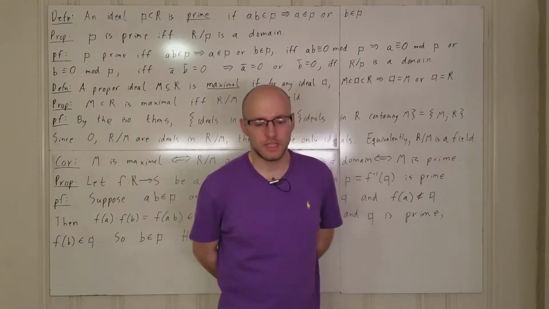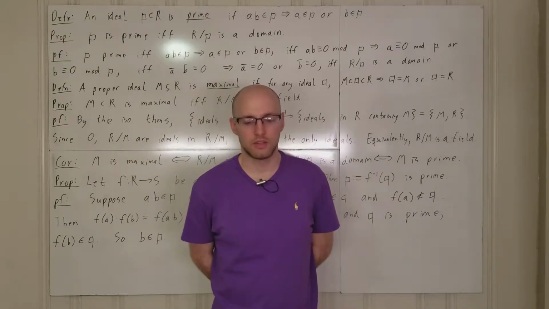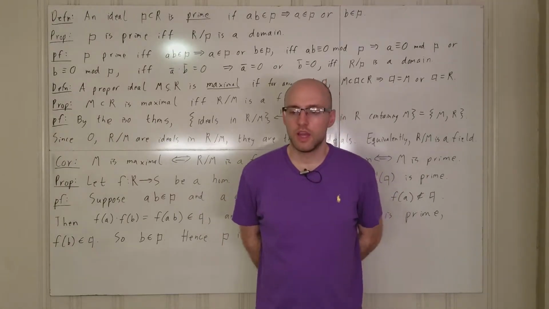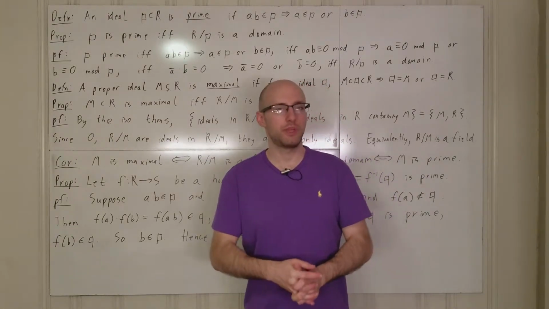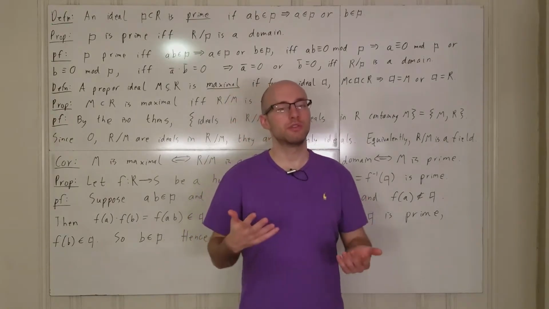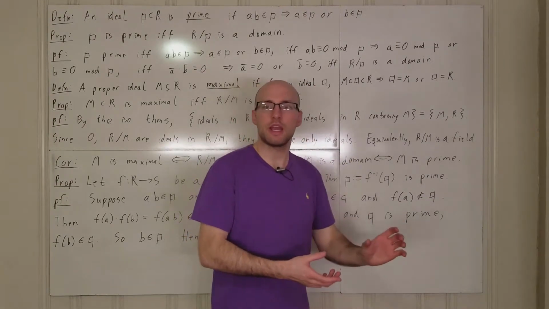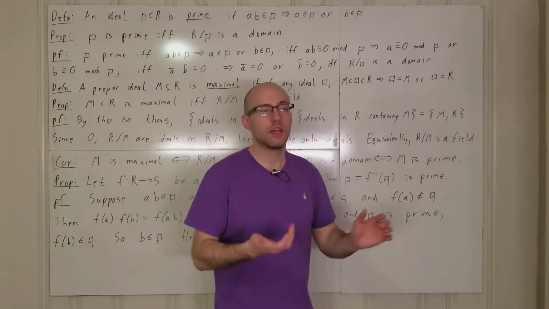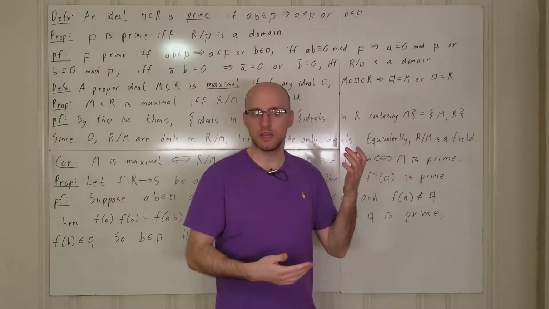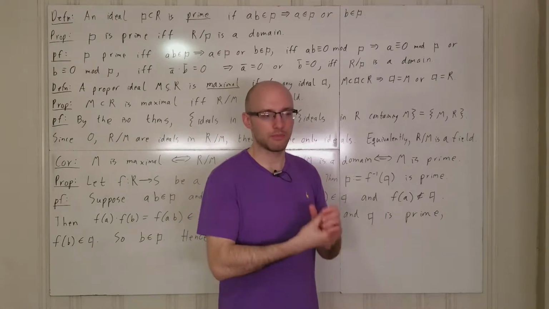So we have a non-zero ideal of our ring, and it contains some element A. But R is a field, and A is non-zero, therefore A has a multiplicative inverse. And this ideal must be closed under multiplication. So if you multiply A by its multiplicative inverse, the product has to also be in the ideal.